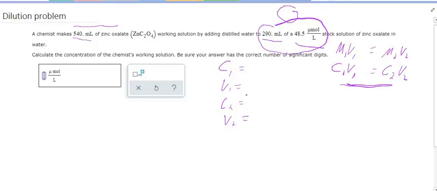So the volume is 290 milliliters. The concentration is 48.5 micromoles per liter. My concentration is what it's asking me to solve for, and the volume of the second one is going to be 540 milliliters.